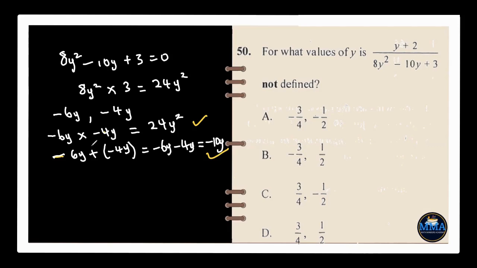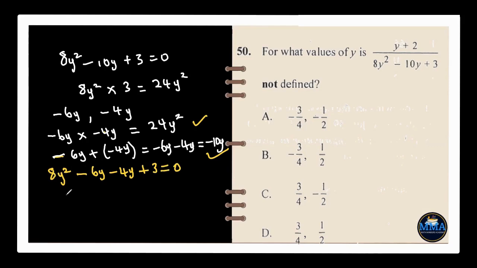So we will now write 8y². Instead of minus 10y, we use this combination, minus 6y minus 4y, plus 3 equals 0.